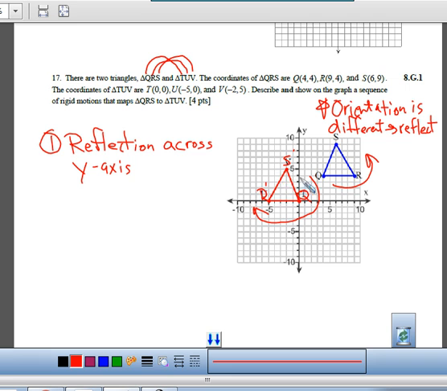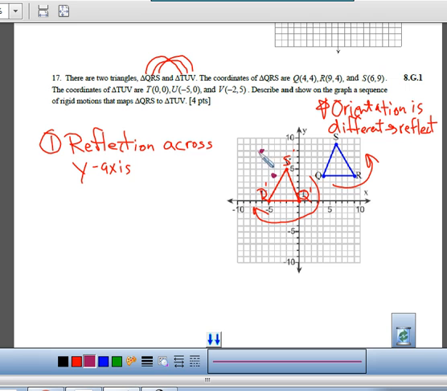Because this is starting to get pretty long, I'm just going to plot the image, the first transformation over here. So if I reflect Q over, that's 1, 2, 3, 4, 1, 2, 3, 4. That puts that point there. S is up here on this line, and that's going to be, you know what, I might have this one on the wrong, no, that one's right.